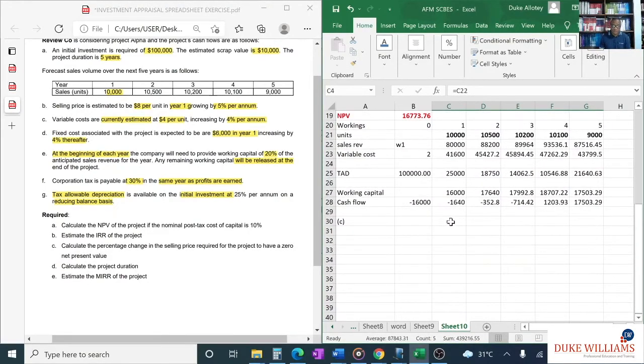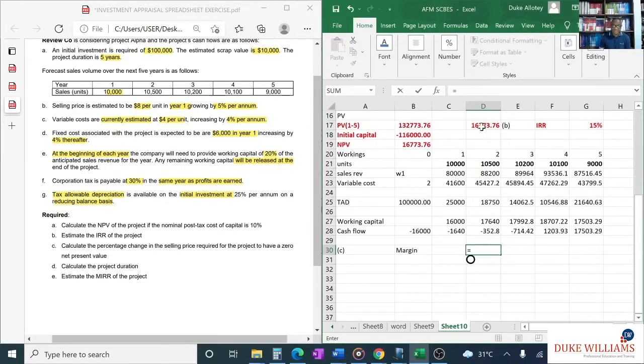So the after tax margin will simply be the NPV divided by the PV of sales.